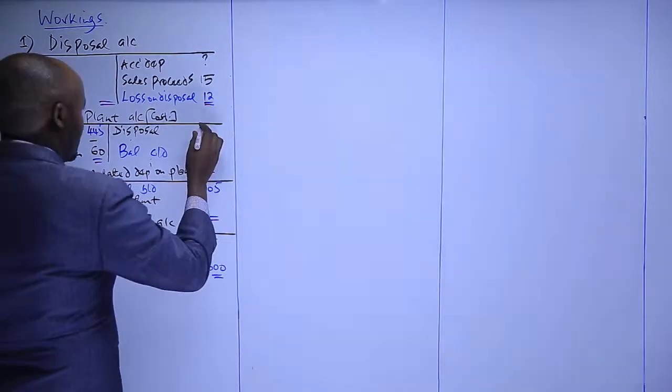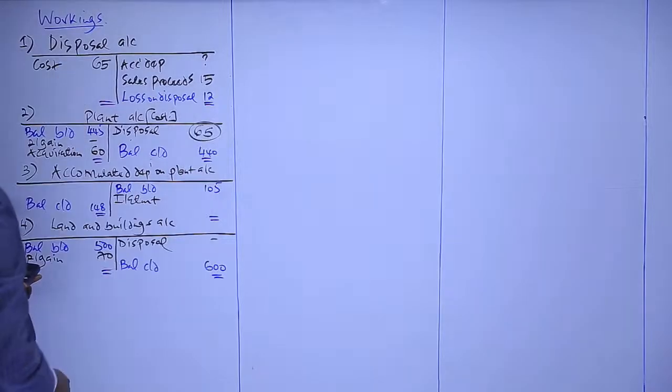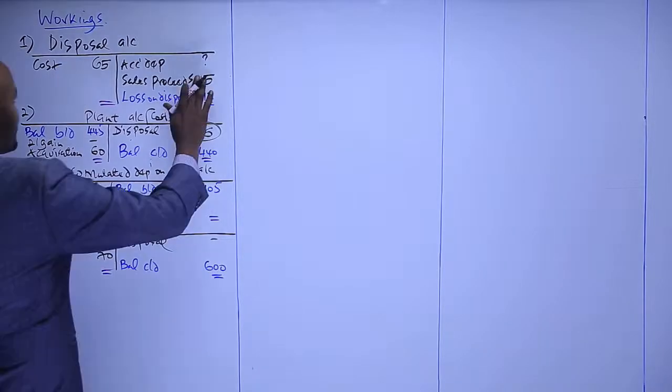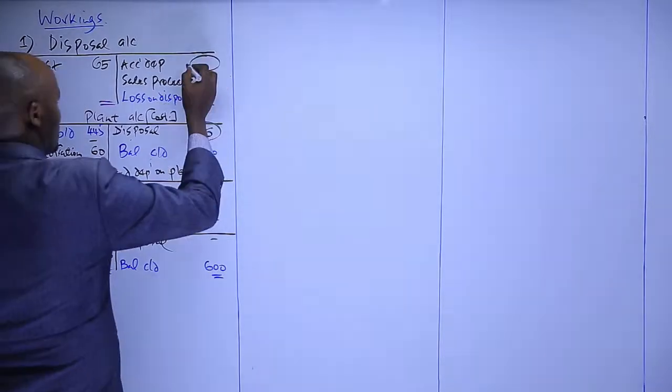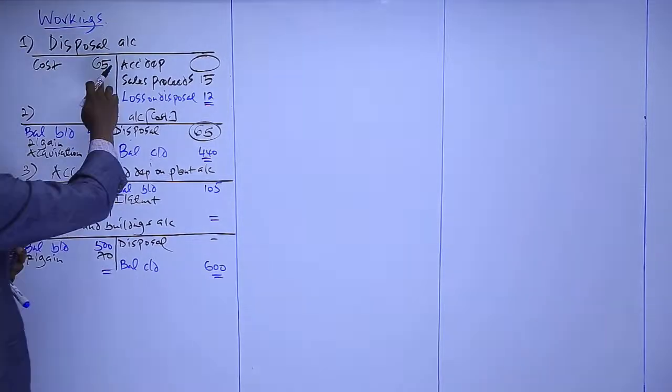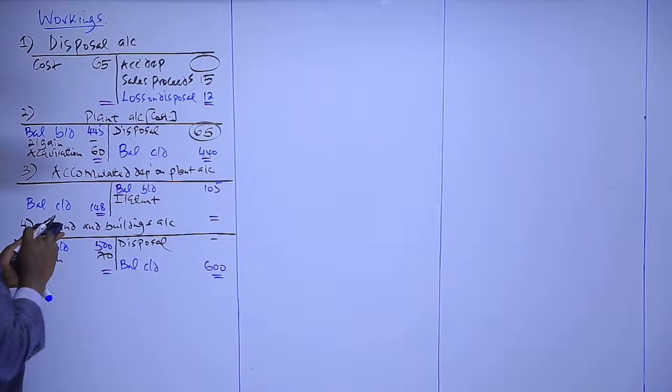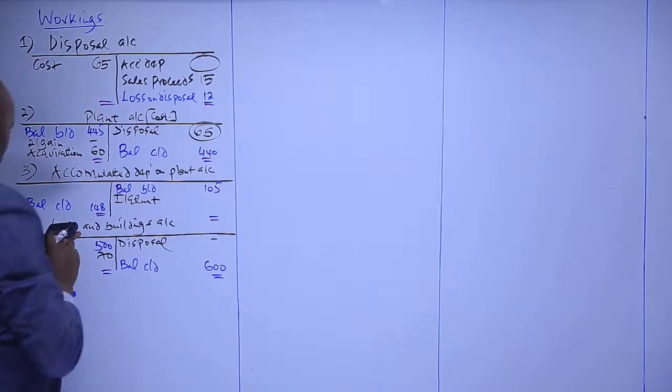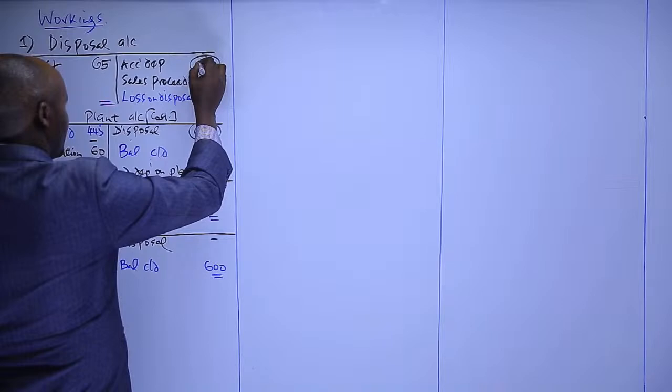So basically it means 65. And automatically, then we can get the balancing figure here, which represents the accumulated depreciation of that item which was disposed. So we take 65 minus what we have on the credit side, 15 and 12. So that will give us 38.